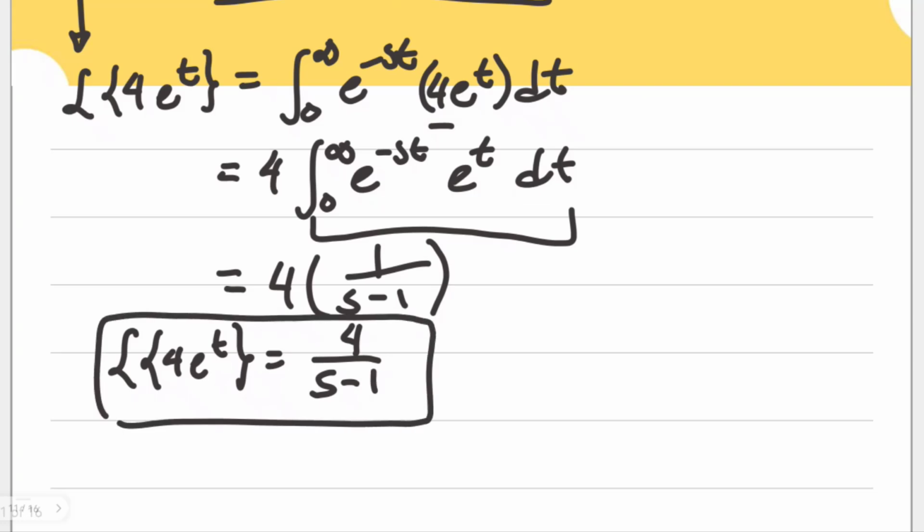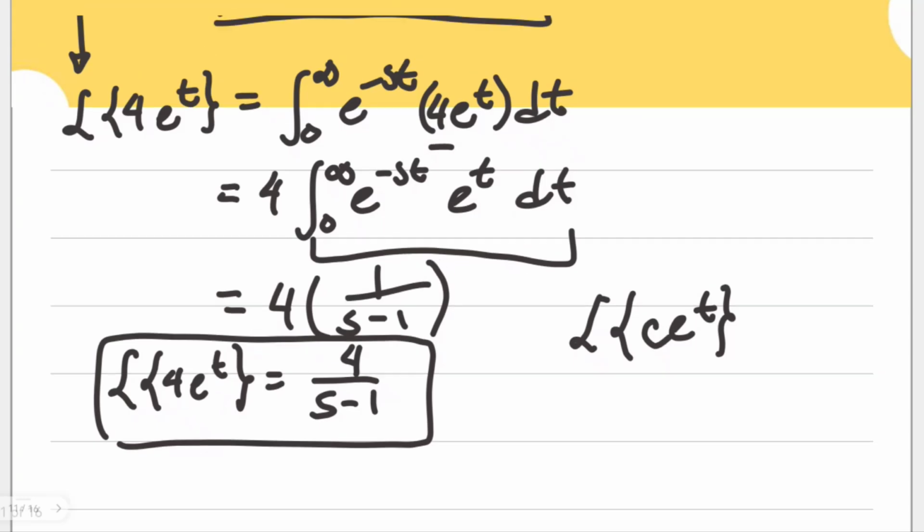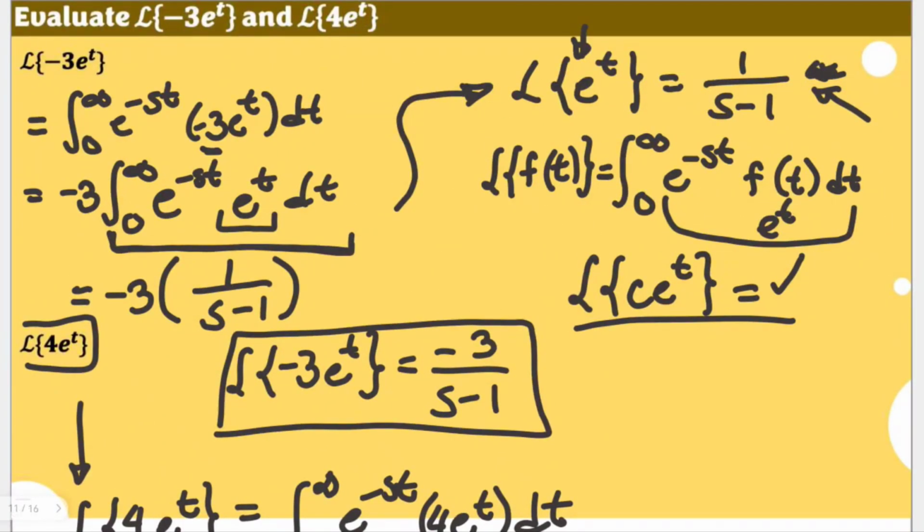Now, we are ready to generalize the Laplace transform of c e to the power of t for any arbitrary constant c. When you look at the first form, this is just equal to 1 e to the power of t, so your factor here is 1. If it's negative 3, that is what appears in our numerator.